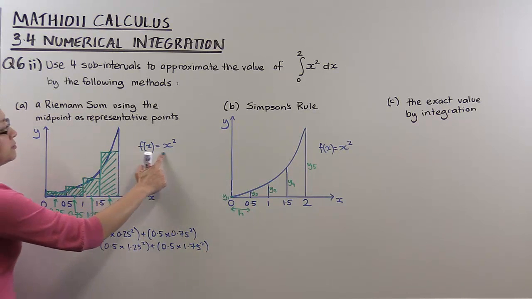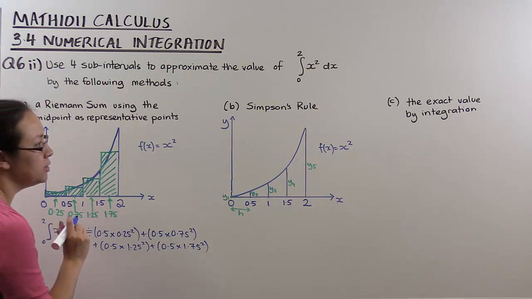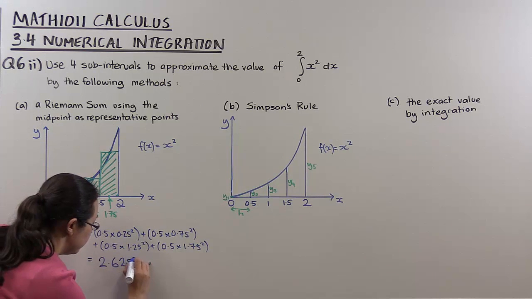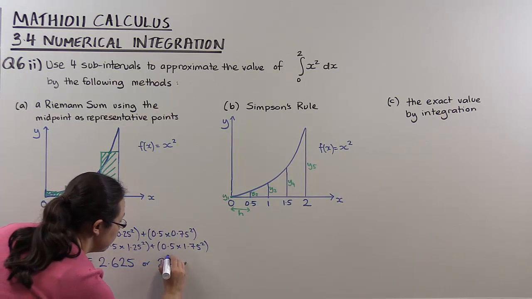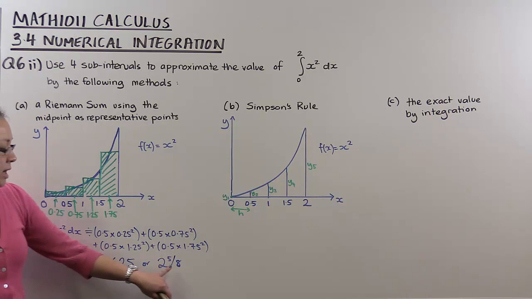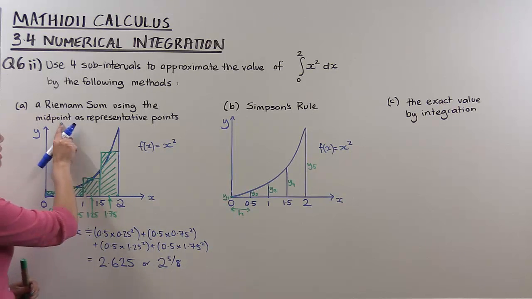So we use the function x squared to calculate the heights of each of these rectangles, and it's the area under the green rectangles that's approximating the area under our blue graph there. Now that value there is 2.625 or 2 5/8.